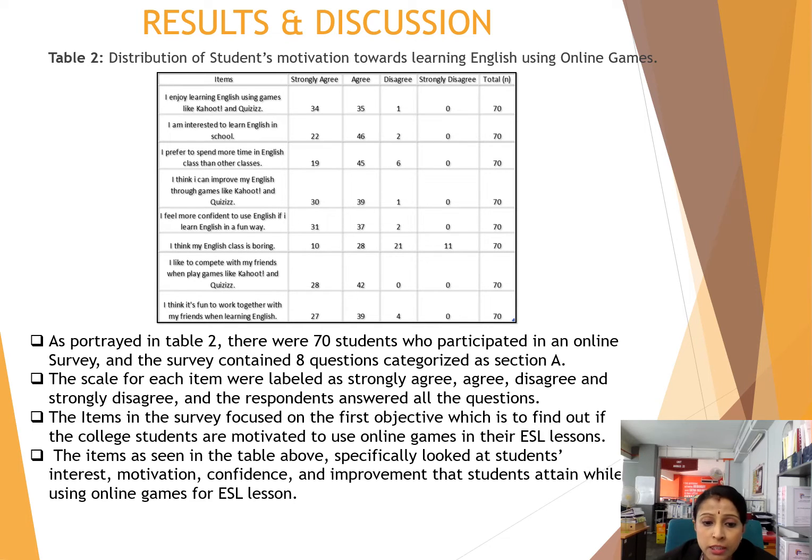The items in the survey focus on the first objective, which is to find out if the college students are motivated to use online games in their ESL lesson. The items in the table specifically looked at students' interest, motivation, confidence, and improvement that students attain while using online games in ESL lesson.